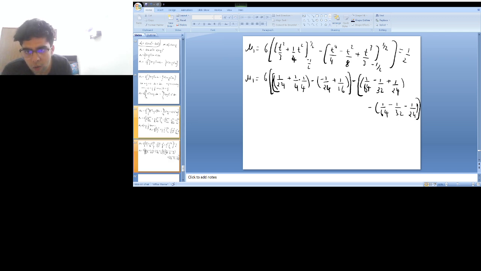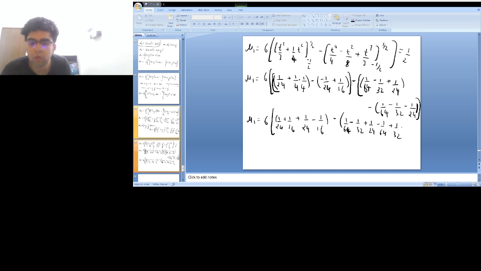Right, so now I need to just solve this up. This gives me 1 upon 24 plus 1 upon 16 plus 1 upon 24 minus 1 upon 16, and this becomes 1 upon 64 minus 1 upon 32 plus 1 upon 24. Now this becomes minus 1 upon 64 plus 1 upon 32, and this becomes 1 upon 24.